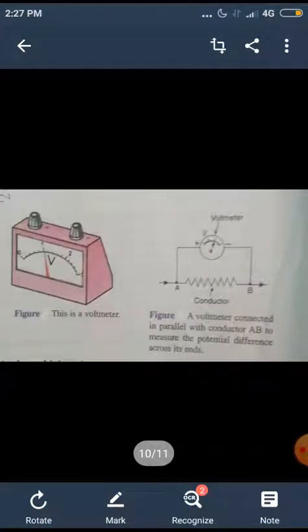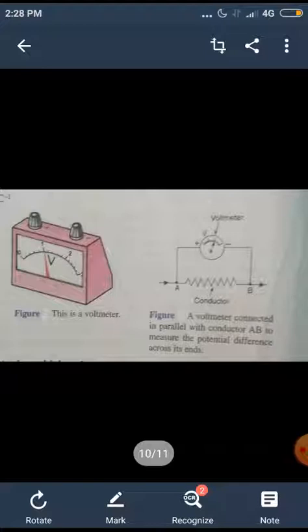Now, this slide shows you a voltmeter which is used for measuring the potential difference. We have already learned that potential difference is measured by using voltmeter. Do you remember how we connect it? Yes, it is connected always in parallel.